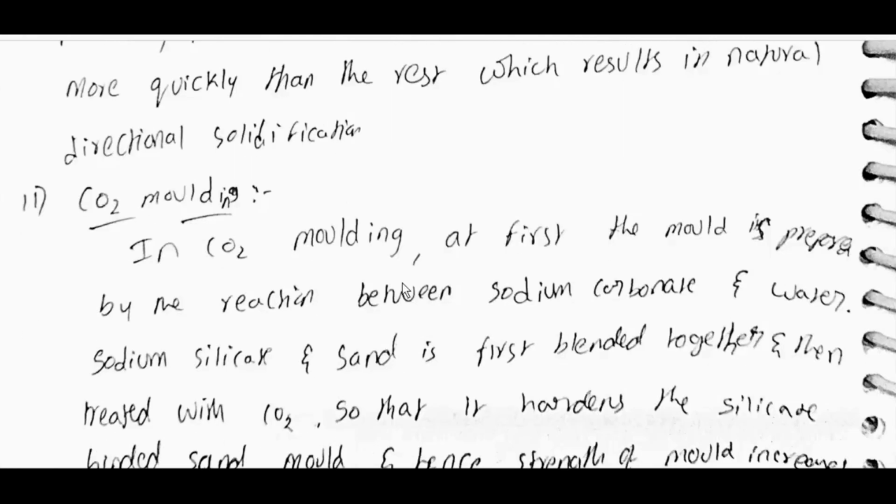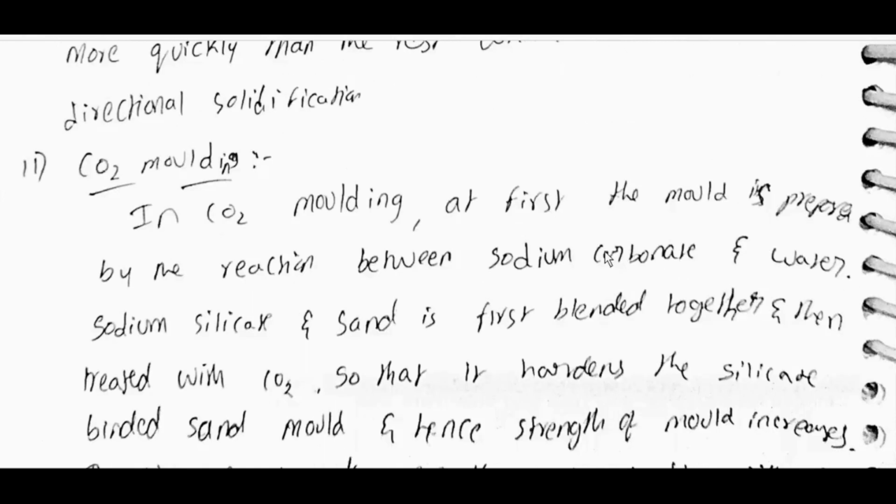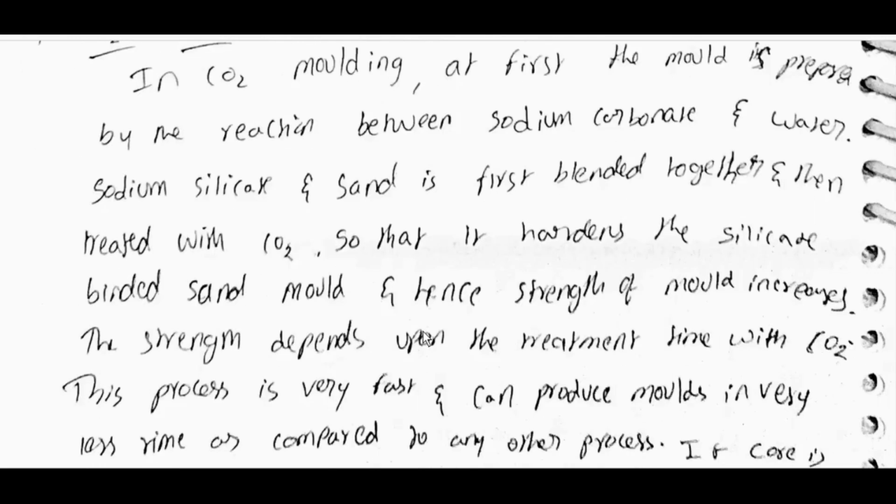CO2 molding. In CO2 molding, at first the mold is prepared by reaction between sodium silicate and water. Sodium silicate and sand are first blended together, then treated with CO2 so that it hardens the silicate bonded sand mold, and hence the strength of the mold increases.